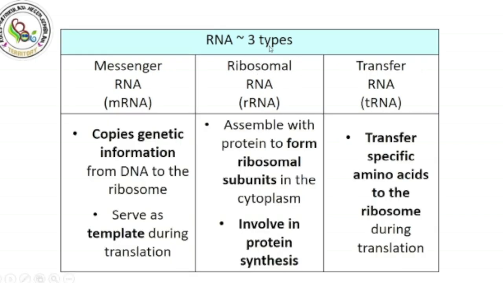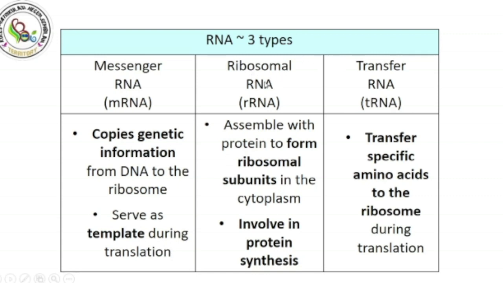All three types of RNA have specific functions. Messenger RNA copies genetic information from DNA to the ribosome during transcription, and it also serves as a template during translation, or during protein synthesis.